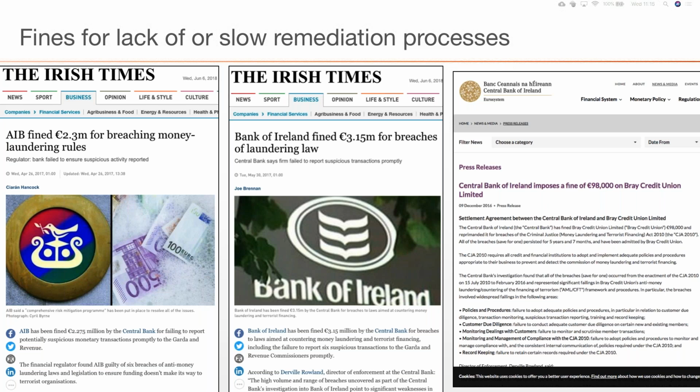So just in relation to the remediation, I think a lot of you will be familiar with the HooYu technology and how it allows you to onboard new customers and check them against the various different sanctions, anti-money laundering and PEP databases.